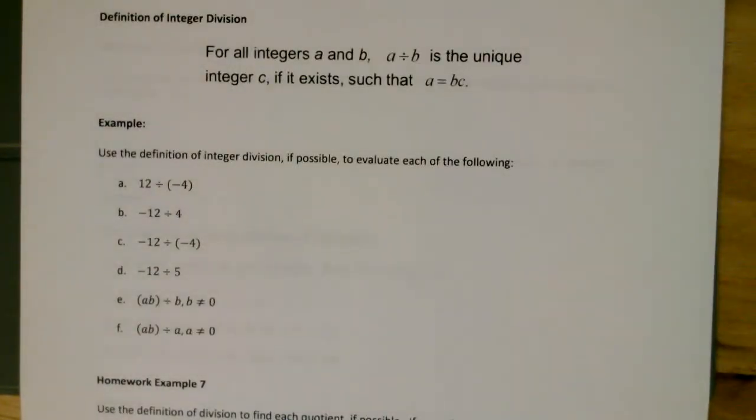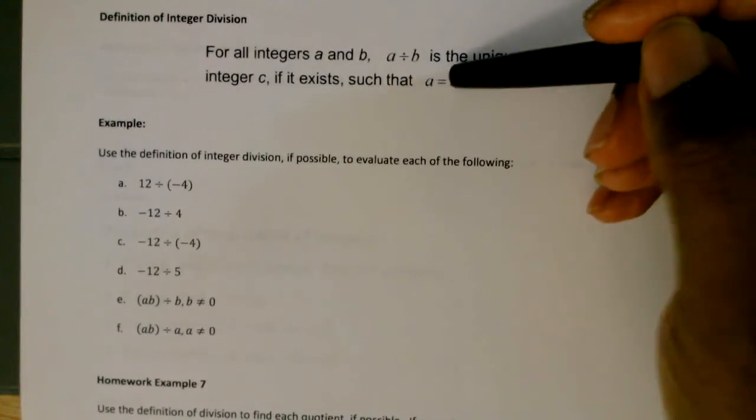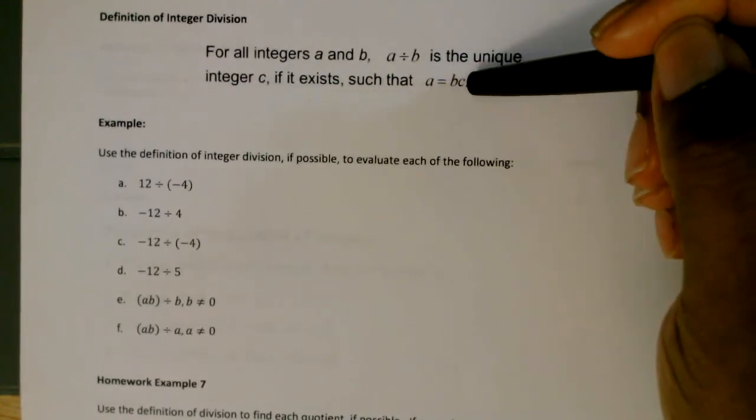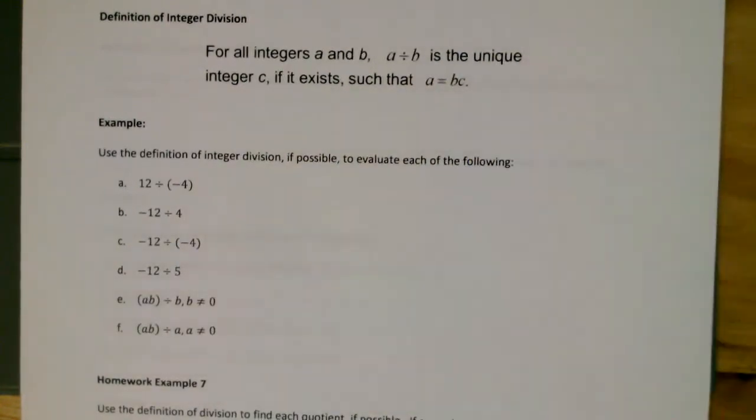So here's the definition of integer division. For all integers a and b, a divided by b is a unique integer c if it exists such that a is going to be equal to b times c. So let's use that definition to divide these types of integers.